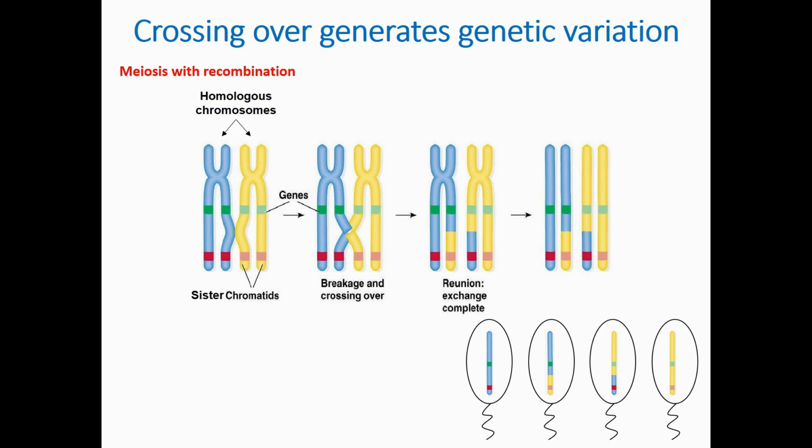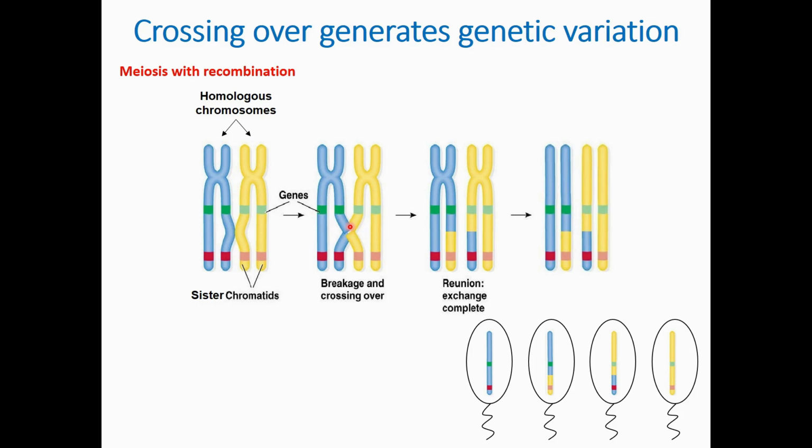Now we will look at the case where there is meiosis involving recombination. And in this case, the 2 homologous chromosomes which form this pair will remain together. Not only that, they will overlap 2 of their chromatids, one on top of the other. And this crossing over of one chromatid over the other one is what allows the recombination event to take place.